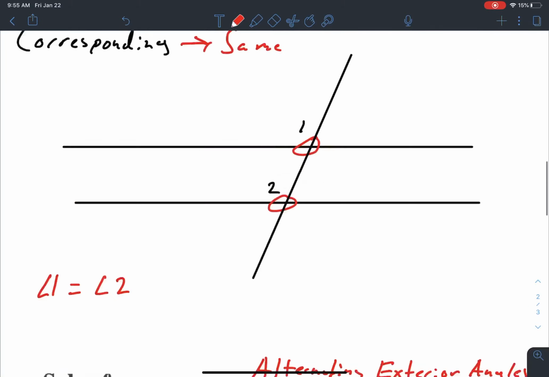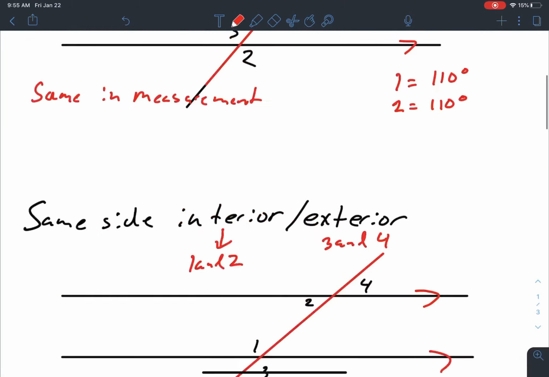Like we said up here, alternate interior and exterior angles are the same in measurement. So that means that these two angles here are the same in measurement. So we can set up 21x plus 6 equals 90 degrees.